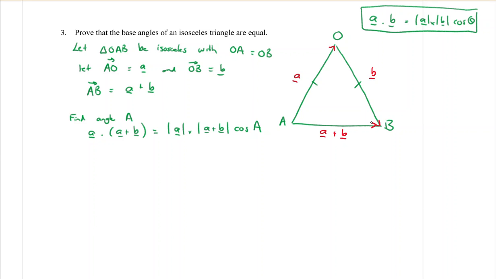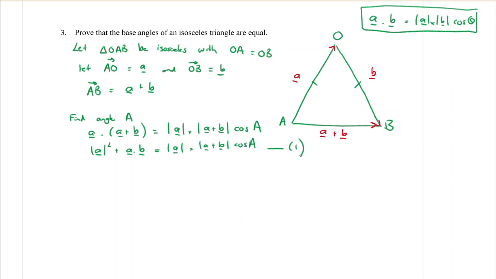So vector A times vector A is going to be the length of A squared plus A times B. And I can't simplify anything on the right-hand side, so I'm writing all that down again. Okay, so that is going to be what I'm going to call equation 1.